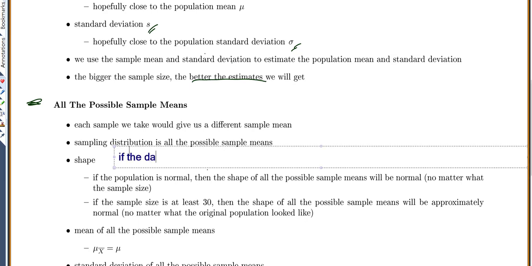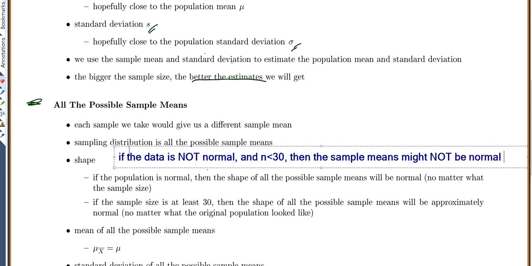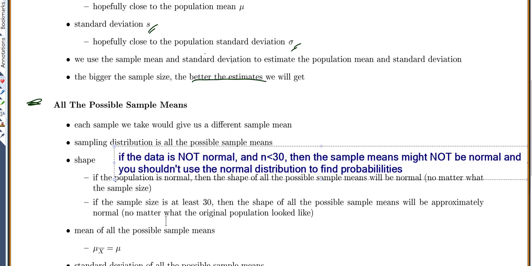If the data is not normal and n is less than 30, then the sample means might not be normal, and you shouldn't use the normal distribution to find probabilities. Okay, so three different situations.